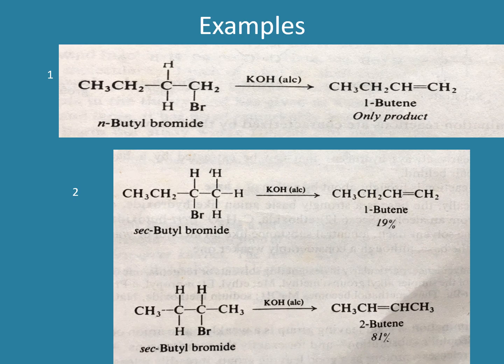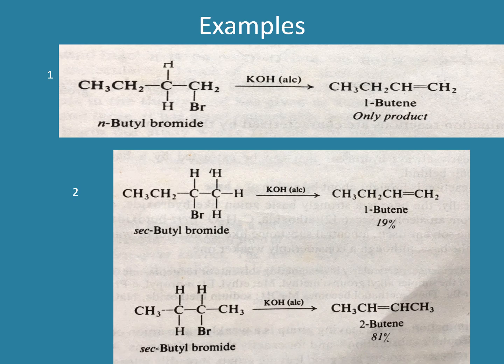The carbon atom which is attached to the carbon bearing halogen is known as the beta carbon atom, and from that hydrogen is going to be lost. In this structure there are 2 beta carbon atoms, and from either of these 2 beta carbon atoms hydrogen may be lost. So 2 options are there. We will get 1-butene or 2-butene as the product.